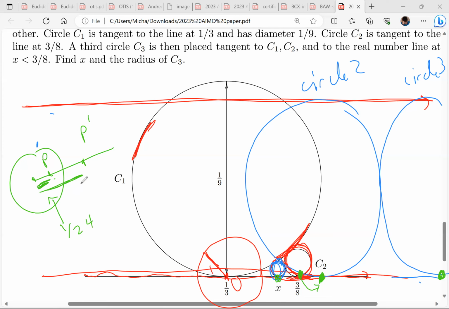So the question is, what is this distance? 24. Yeah, it's 24. It times the 1, right? So that means this distance here is 24 away from O, yeah? Which is actually 24 plus a third, right?